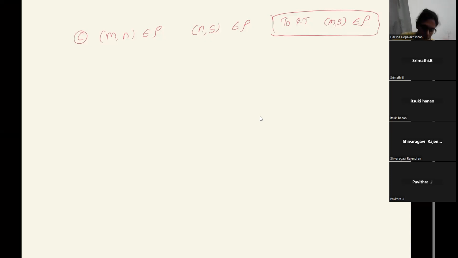Yes. (m, n) belongs to rho. By the definition, what is this? m minus n is divisible by 7, that is, m minus n is some k1 into 7. (n, s) belongs to rho means we can write n minus s equals k2 times 7. Now adding these two, this is the same as the earlier problem: m minus s equals (k1 plus k2) times 7.